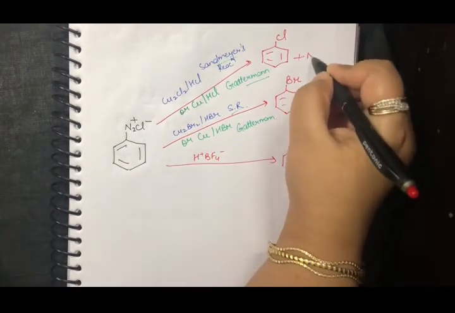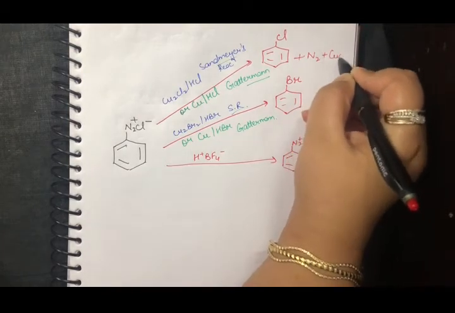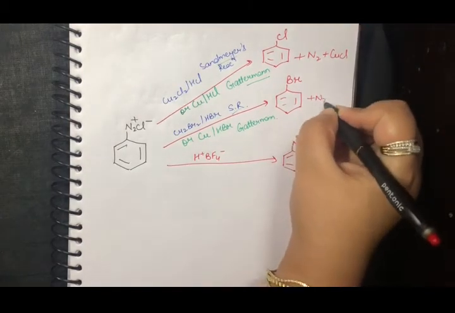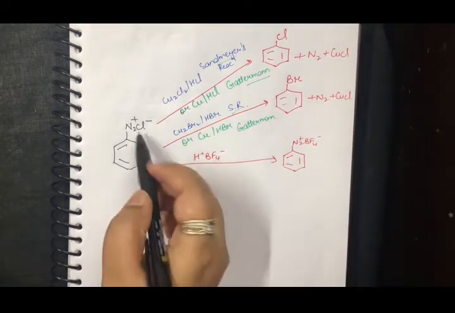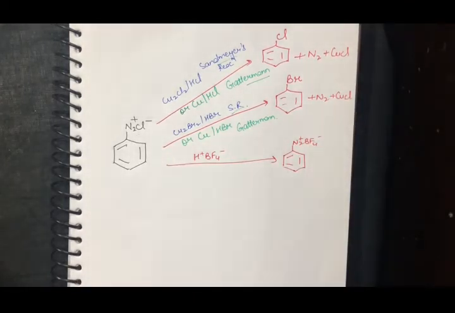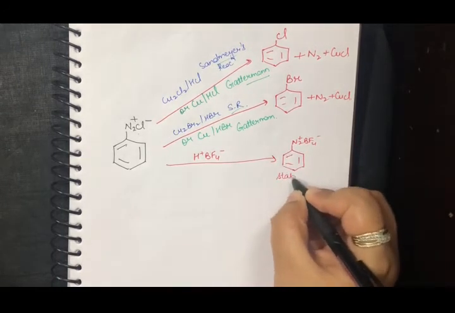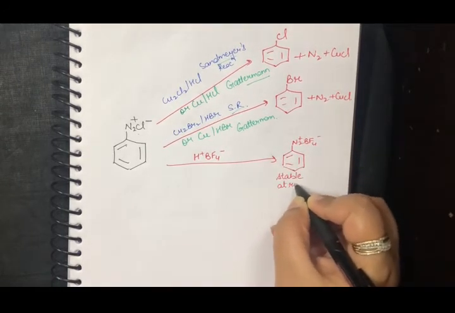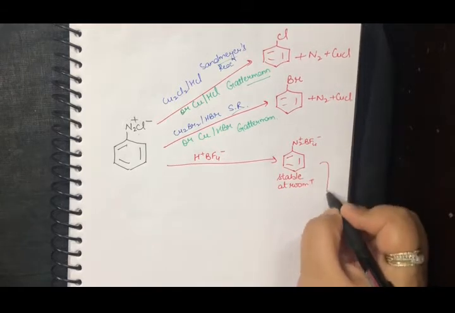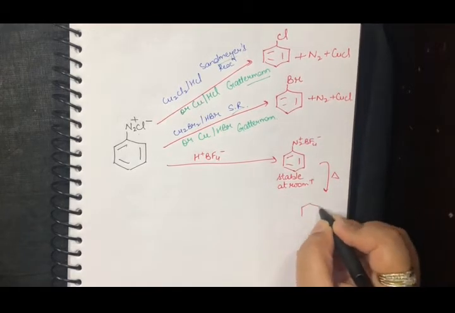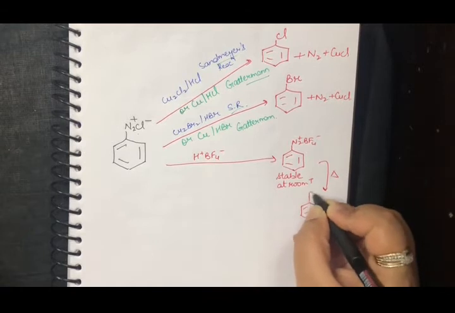There is going to be evolution of N2 gas. Here it would be plus CuCl, because from the N2Cl the Cl will be released. Here this compound would be formed, which is stable at room temperature. Now when you heat it, it will give you a very important compound, which is fluorobenzene.